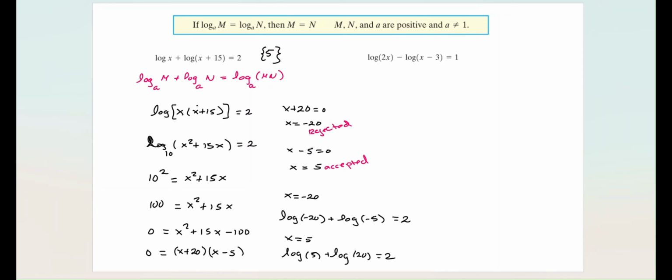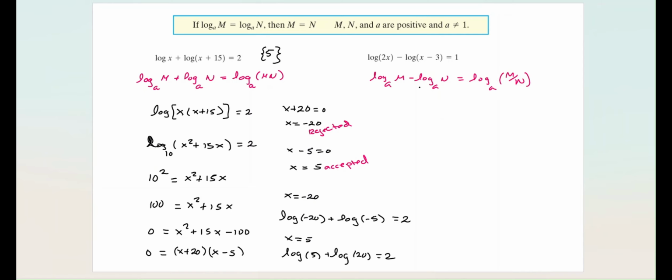We have a second logarithmic equation here that is going to be solved using pretty much the same approach, except that in this case we're going to use the quotient rule. Let's say that the log in base a of m minus the log in base a of n is equal to the log in base a of m over n.